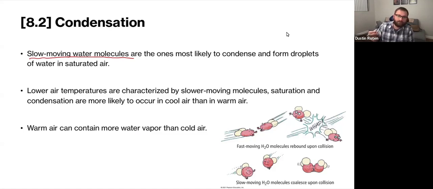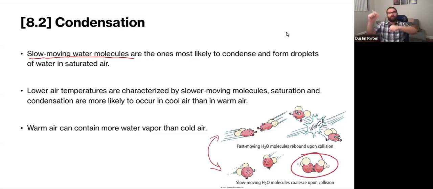You can think about that in terms of this picture here. If molecules are moving fast and jumping around, they're less likely to stick together, right? They're less likely to condense. If the molecules are moving slower, so lower temperature, they're more likely to smash together and stay stuck together. So condensation is more likely in this scenario.